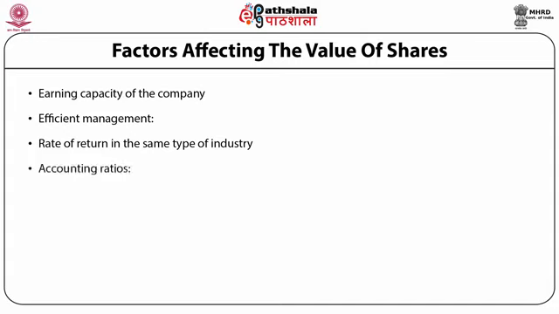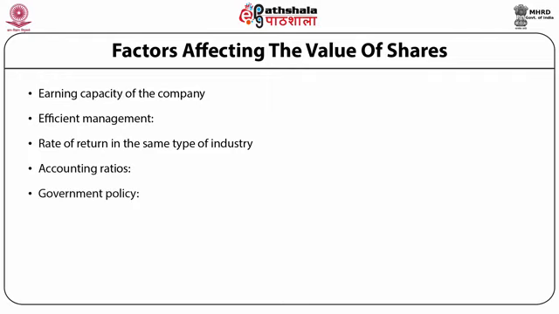Fourth, accounting ratios. A company with sound accounting ratios like current ratio, liquid ratio, inventory turnover ratio, debtors turnover ratio, creditors turnover ratio, net profit ratio, etc., is favored by the investors and has a high value of its shares.